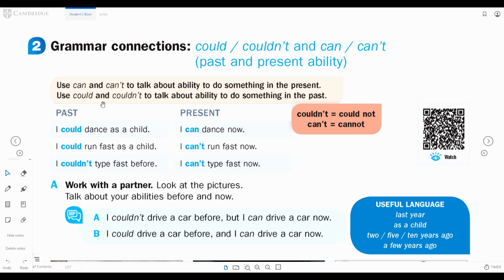Use could and couldn't to talk about ability to do something in the past. So that's the difference. That's the only difference you have. This one, can, can't, in the present. Couldn't, could, in the past. That's it.